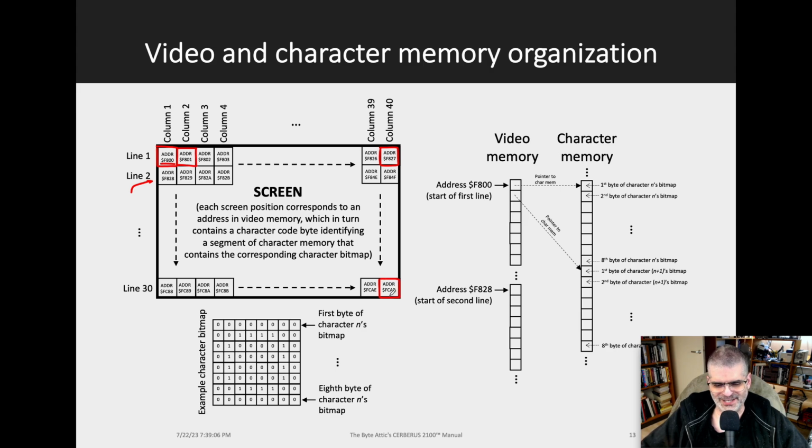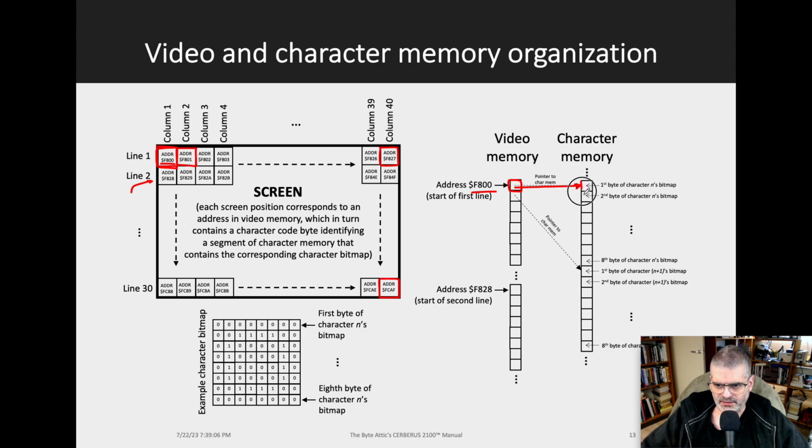Now each of these addresses, which I'm representing here linearly and not in a matrix, because in memory it's just a line of addresses. It's all linear. So let's take address F800, which corresponds to the top left corner of the screen. Within this address there is stored a character code which will point to a position in character memory.